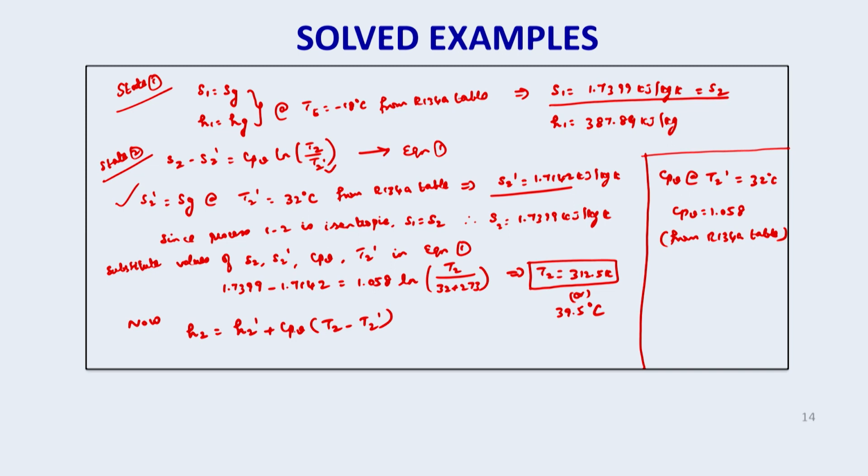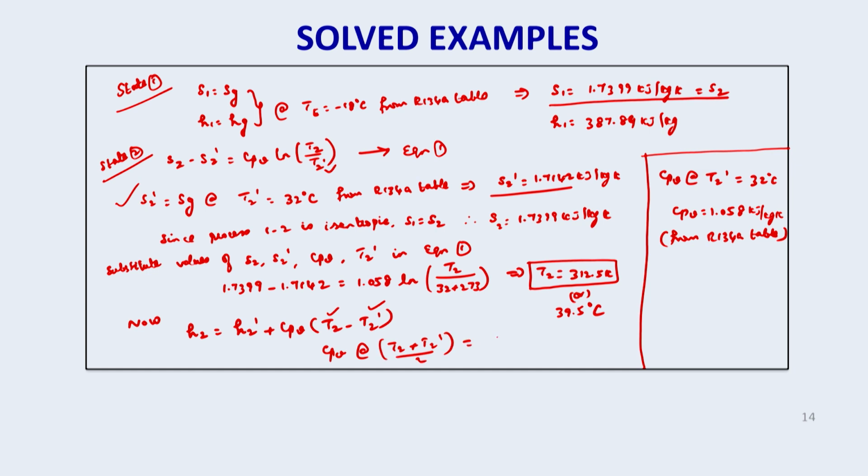T2 dash we know. The Cp of vapor we should not take from this value, because that Cp of vapor is taken at T2 dash only, not for the average temperature. Since we know both temperatures, we have to find Cp of vapor at the average temperature, T2 plus T2 dash by 2.